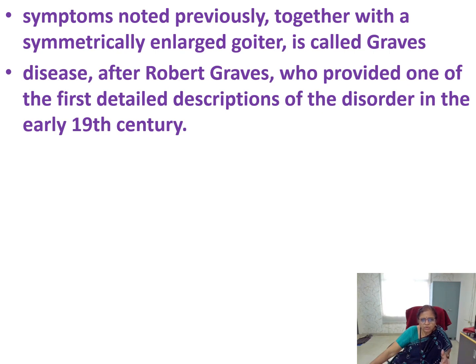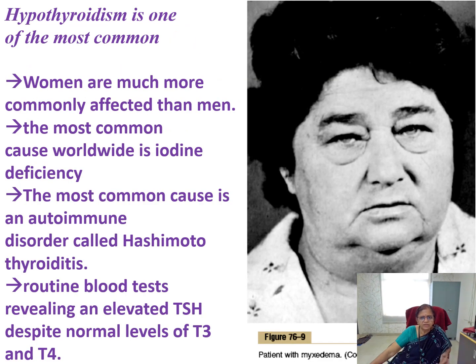Goiter could be possible in a hypothyroid condition also, and an enlarged gland can be seen in hyperthyroidism too. It was named Graves' disease after Robert Graves, who provided one of the first detailed descriptions of the disorder in the early 19th century.